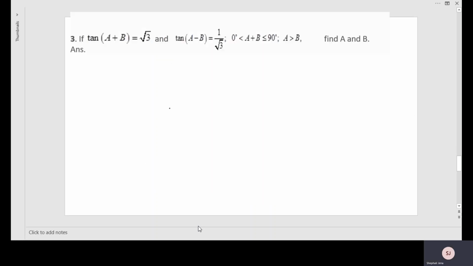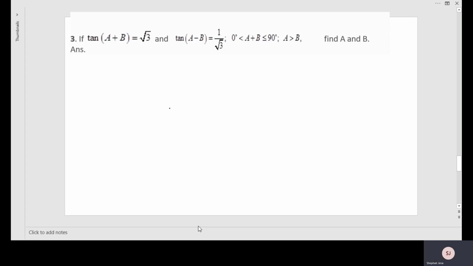Now your second question, choose the correct options. You can easily find the answer by substituting their values. Your third question: if tan a plus b is root 3 and tan a minus b is 1 by root 3, and a plus b is less than or equal to 90, and a is greater than b.